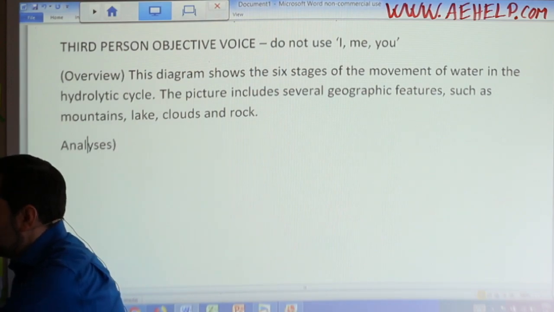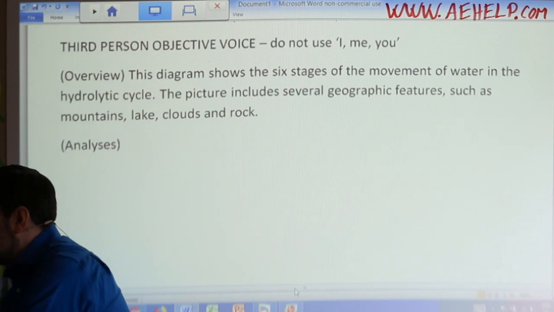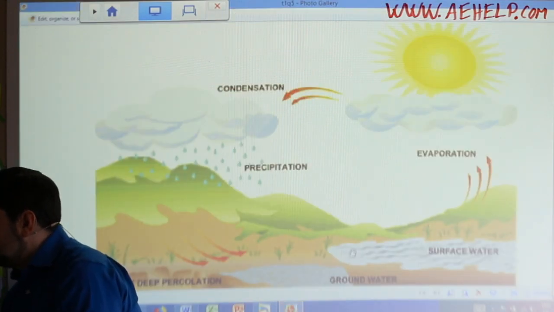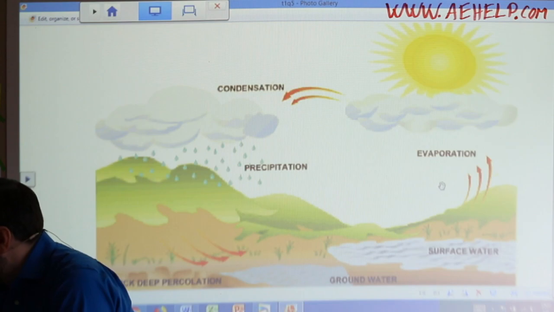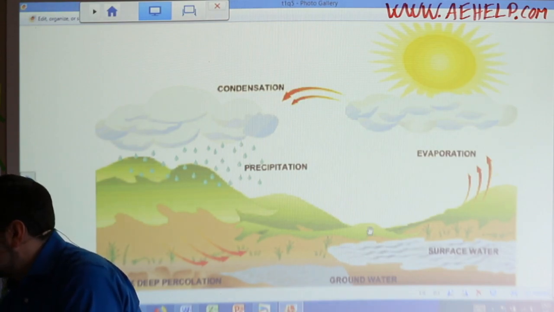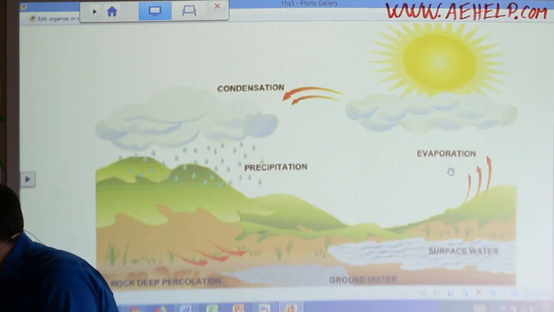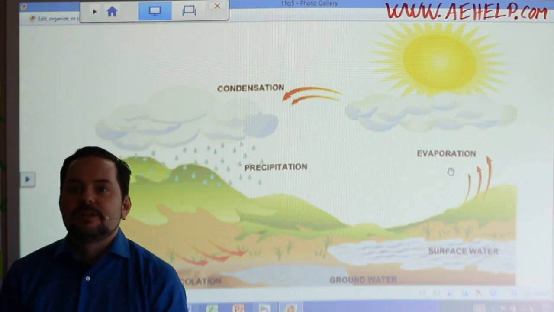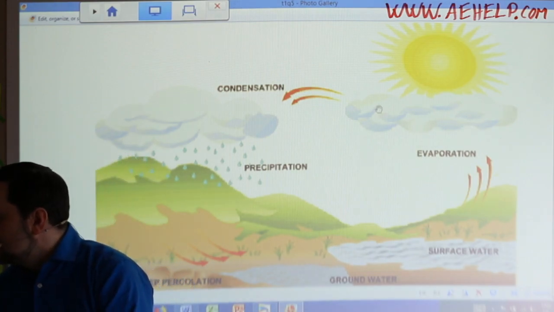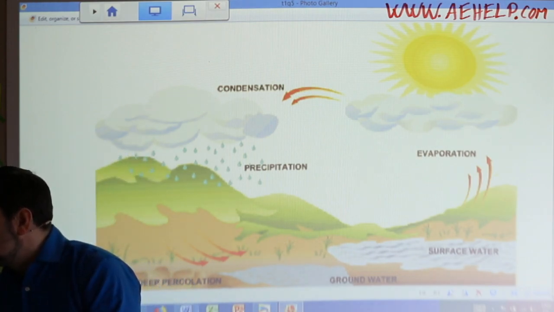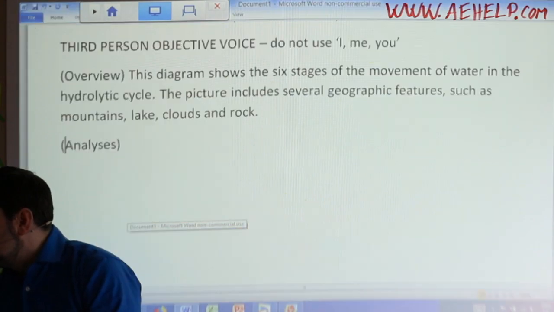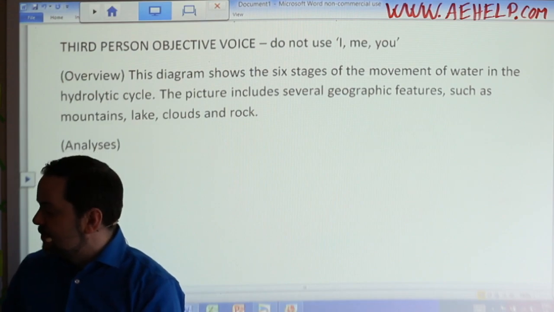Okay, and looking at the diagram, so let's follow the steps that we identified here. And we said that the best place to start, or one of the best places to start, is with evaporation. So can somebody give me a sentence that begins the analysis with evaporation?